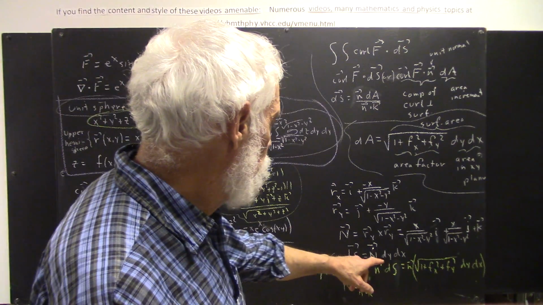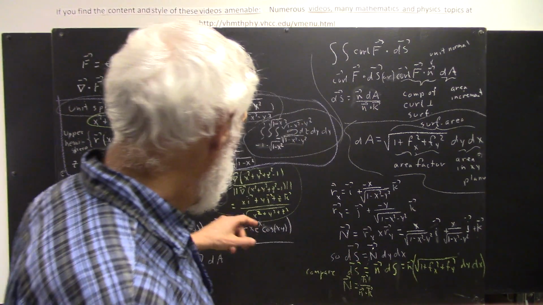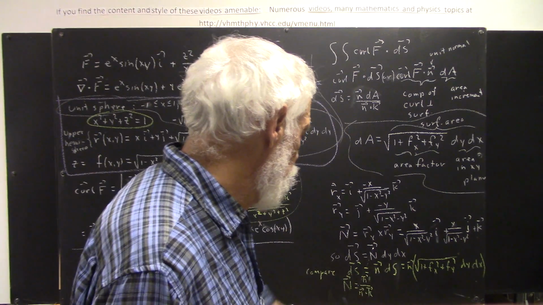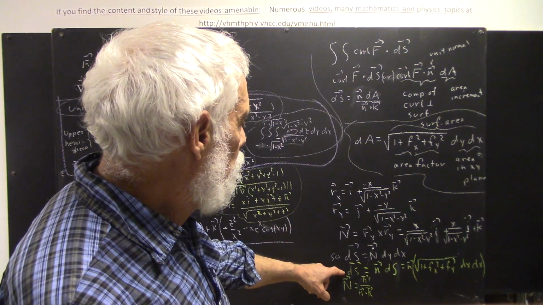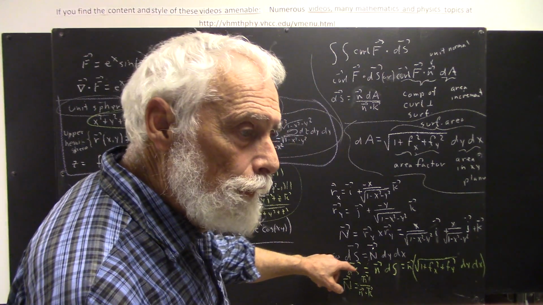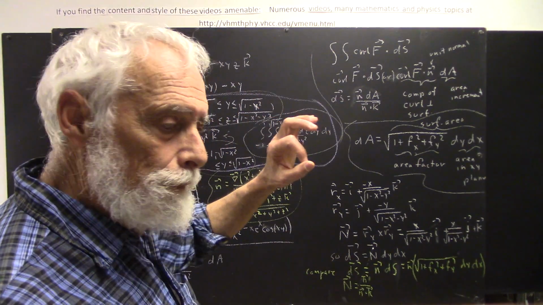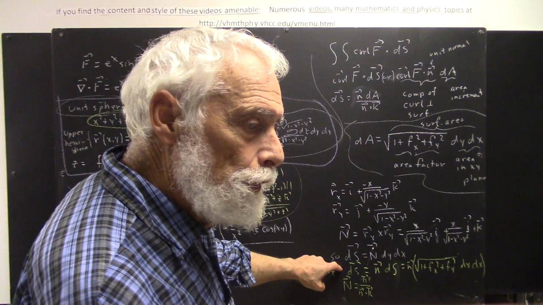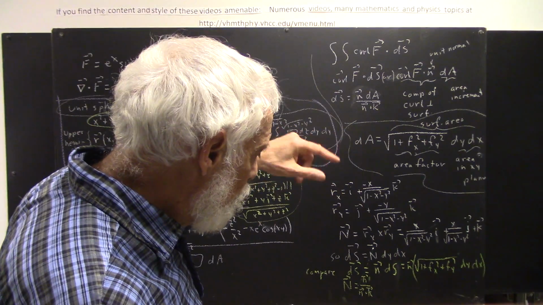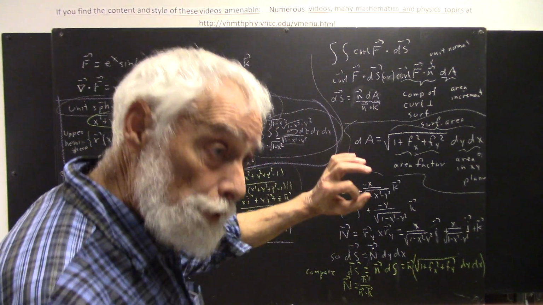Now there's a relationship between this version of dS and this version of dS. Your vector dS, your vector area, is a vector whose magnitude is equal to the area of your increment of the surface.